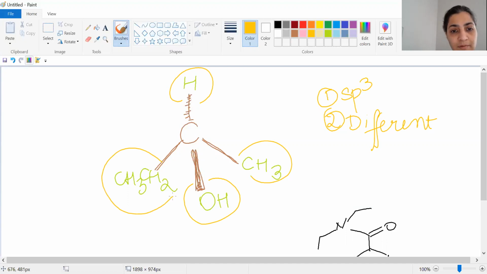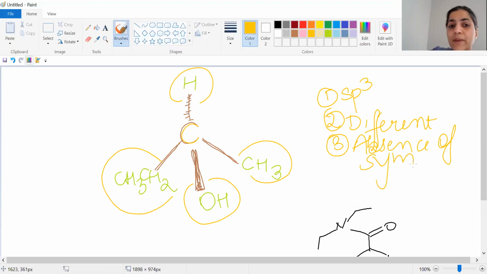So this carbon is fulfilling both of these requirements. And it is also fulfilling the requirement of absence of any symmetry. And hence, we label this carbon as chiral carbon.